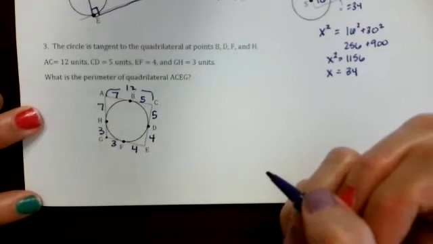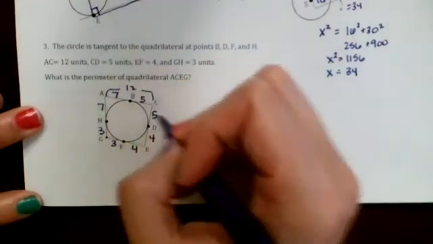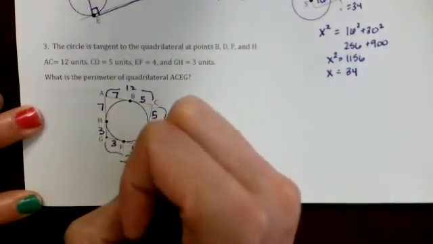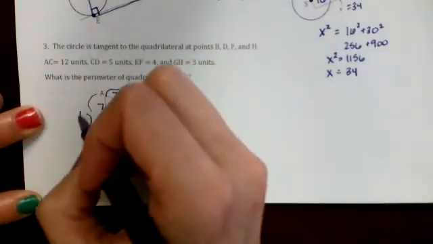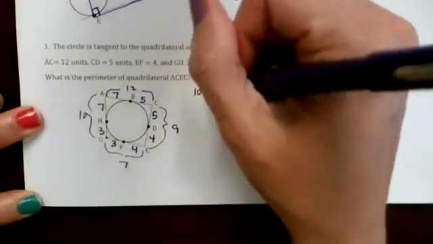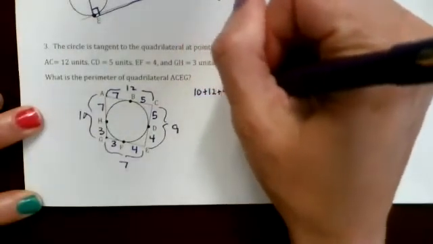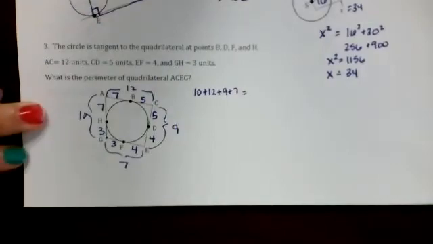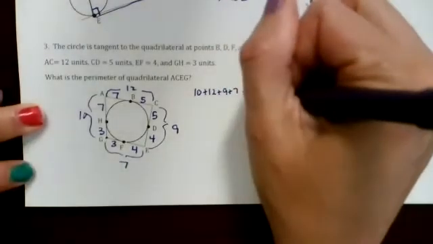So now you're adding up all the sides. This side is 12, this side is 9, this side is 7, and this side is 10. So perimeter, we're just adding up all the sides. All right, so we've got 10 plus 12 plus 9 plus 7 to give us a total of 38.